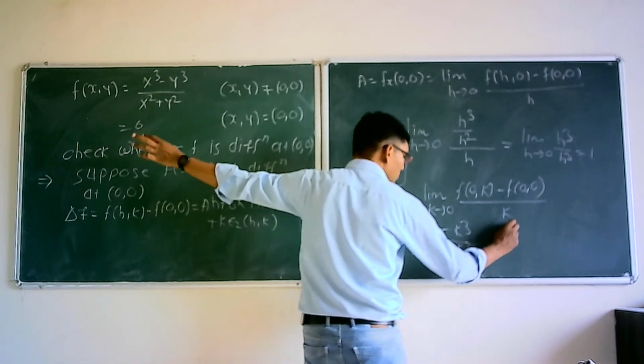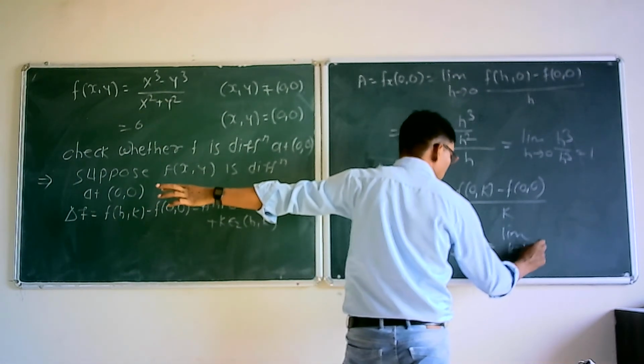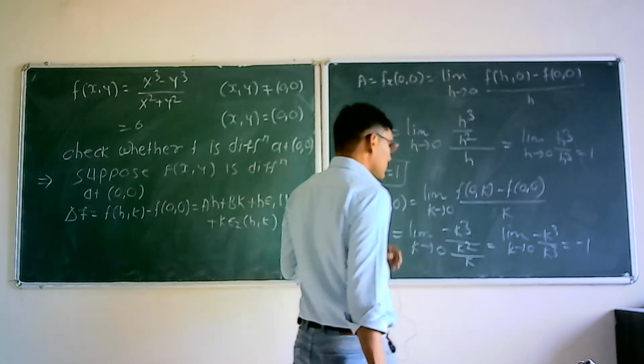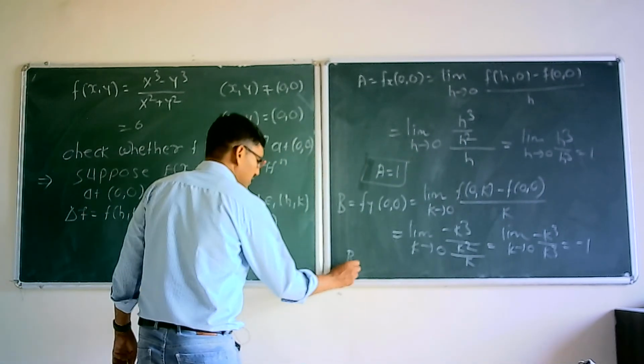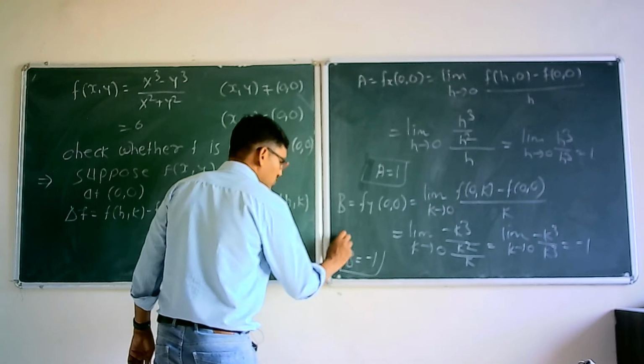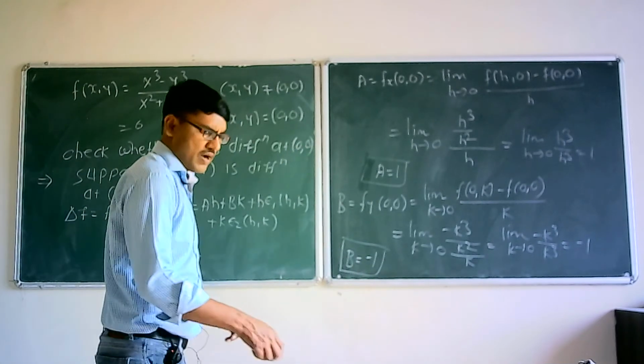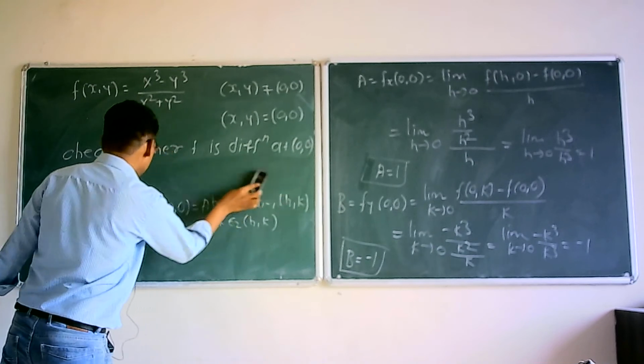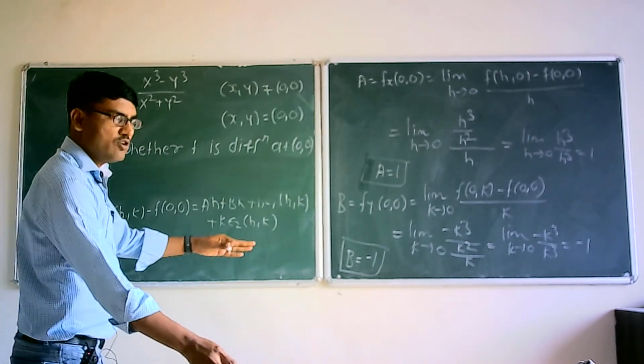So this is equal to limit k tends to 0, minus k cube divided by k cube. So it is equal to minus 1. So a is 1 and b is equal to minus 1.